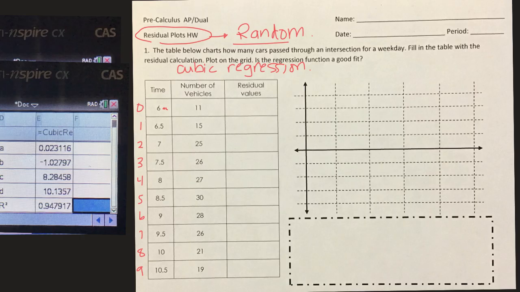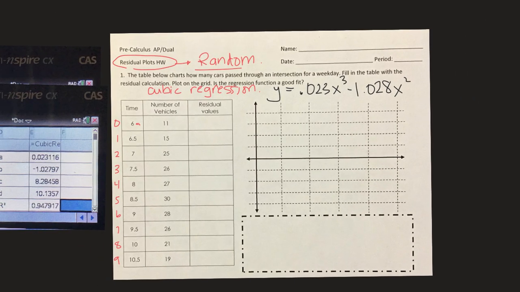My equation from my data that I put in is 0.023x cubed minus 1.028x squared, plus 8.28x, plus 10.136.